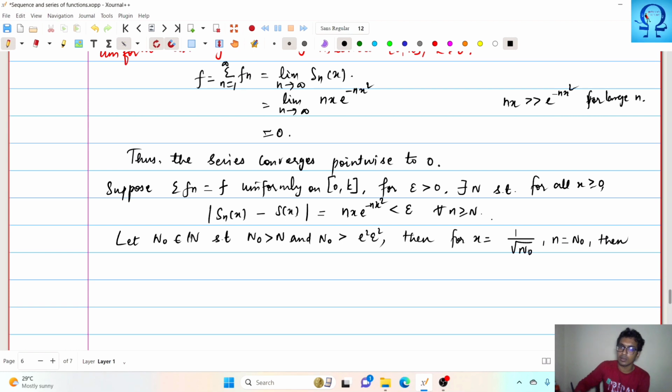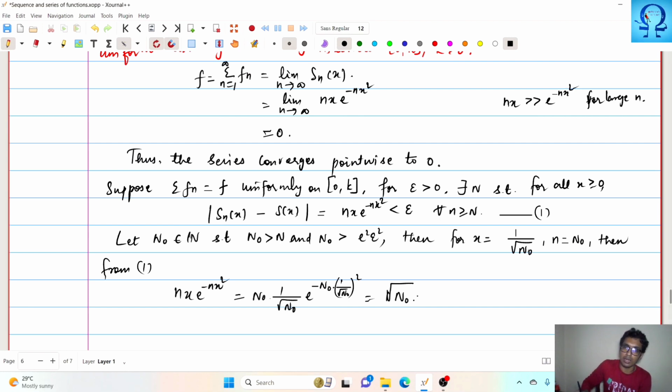Then from 1, what are we having? Let me just directly calculate this quantity. nx e to the power minus nx square would be, n is n naught, x is 1 upon under root n naught, and this is e to the power minus n naught into 1 upon under root n naught the whole square. Which is simply under root n naught times exponential of minus 1.